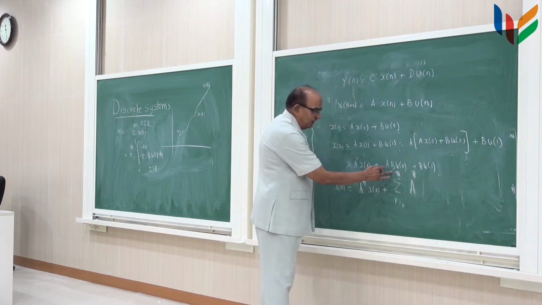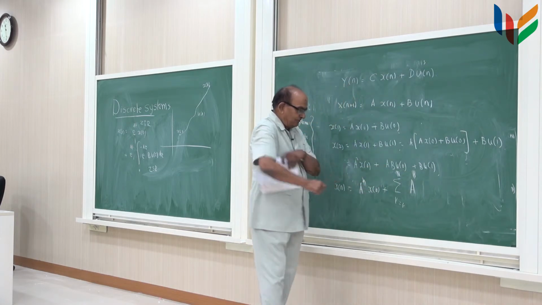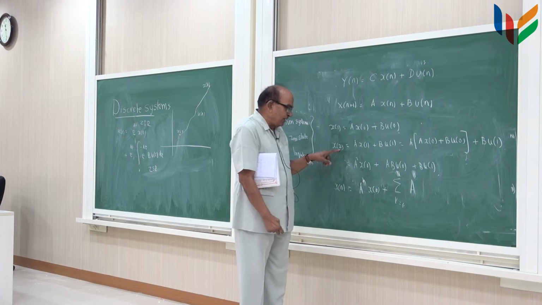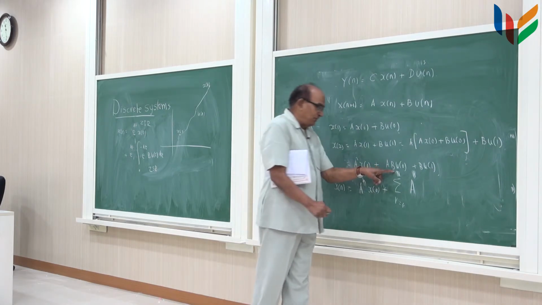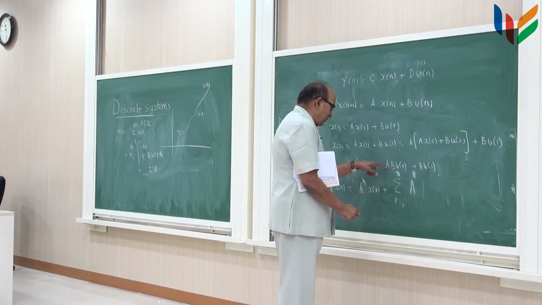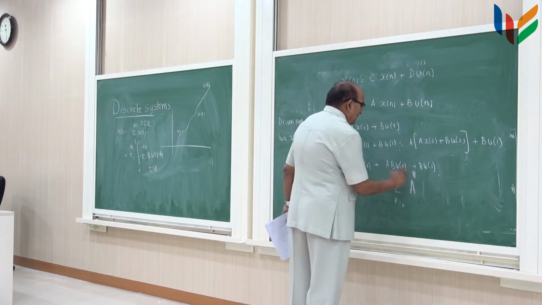You see here what I am getting here. For u0 I am getting A to the power of 1, right? So it should be to the power of n minus 1.